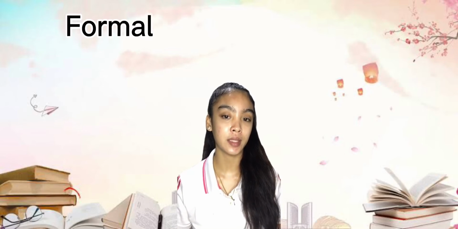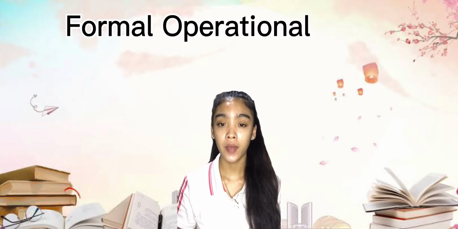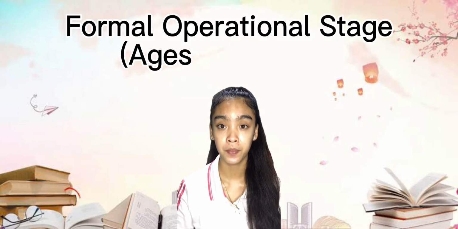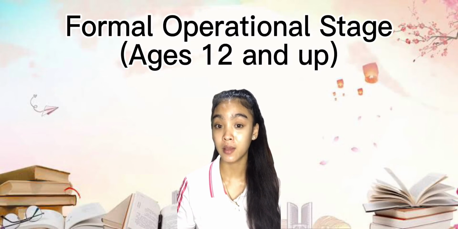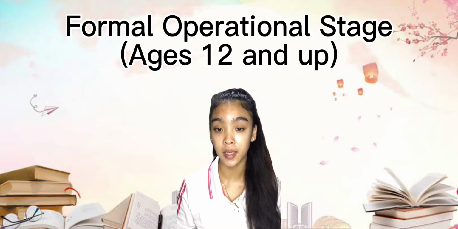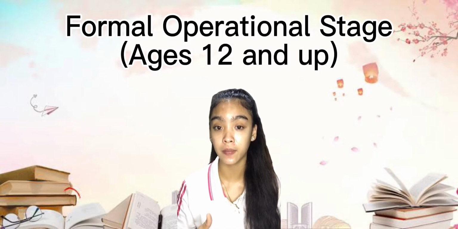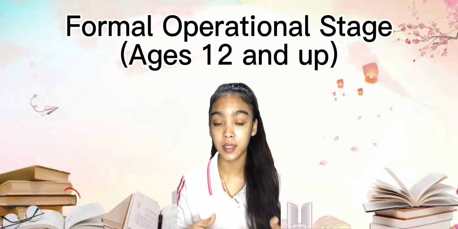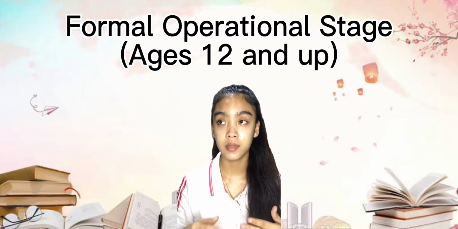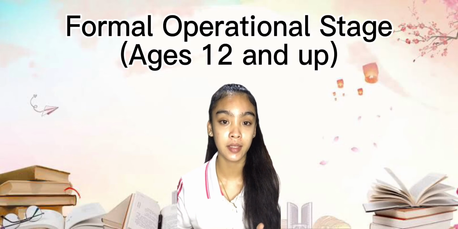So, the last stage of Piaget's stages of cognitive development is the formal operational stage. The final stage of Piaget's theory involves an increase in logic and the ability to use deductive reasoning and understanding of abstract ideas. While the previous stage focuses on the concrete, the final stage enhances their abstract ideas.